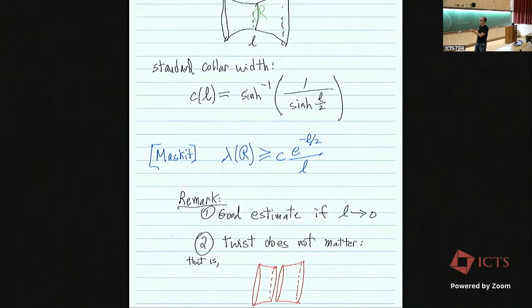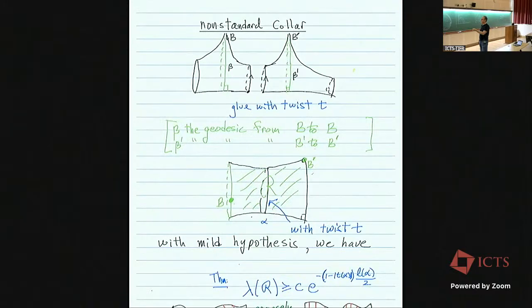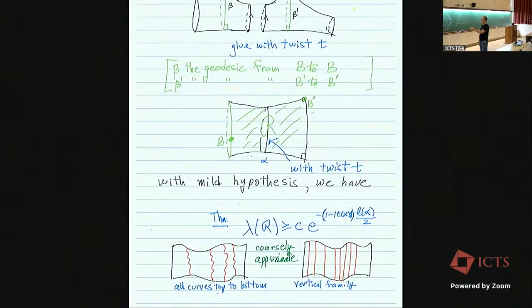Where L is the length of the collar, C is some constant. And this is a very good estimate when L is small. When L is close to 0, this is the right asymptotic. But when L is large, this is not the right asymptotic. The right asymptotic is really this: basically, e to the minus L over 2.